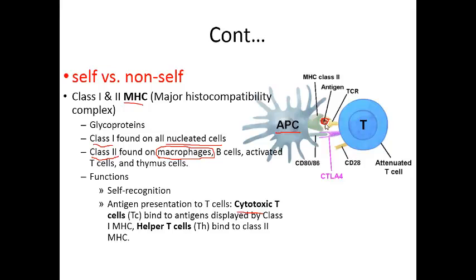So helper T cells respond to class 2 MHCs. Once that helper T cell has been activated, like I said earlier, it is then going to activate both cytotoxic T cells and B cells, which are going to become plasma cells. So helper T cells respond to the class 2 MHC.